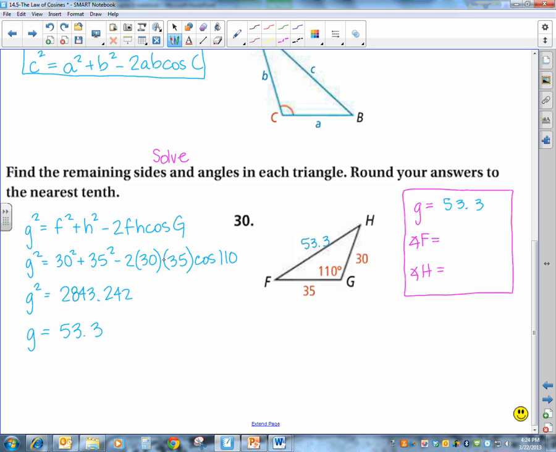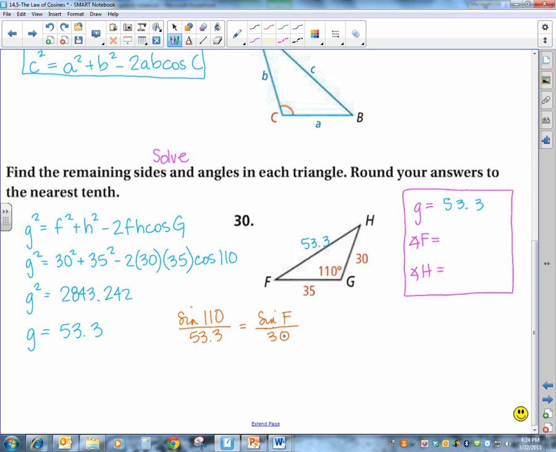And let's go with the sine of 110 over 53.3 equals, it doesn't matter which one we find, we'll go with F. So that'll be the sine of F over 30.